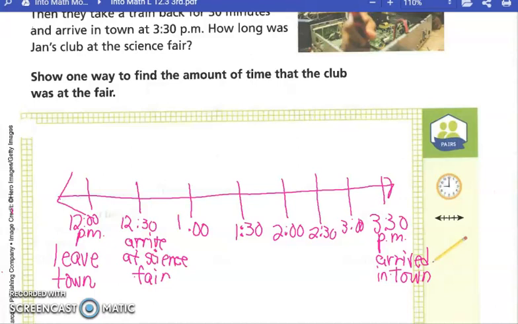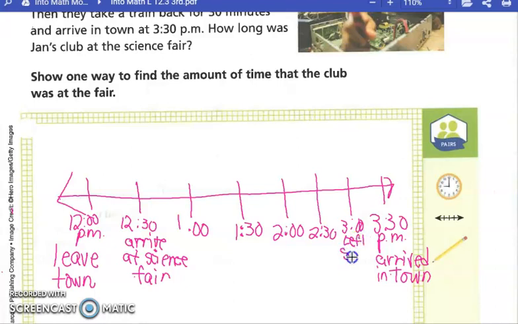Now let's look at the other end of this. They arrived home at 3:30. So what time would they have left the science fair? How long did it take them to get back home? Right. So they would have left the science fair at 3 o'clock. You could write that below there.